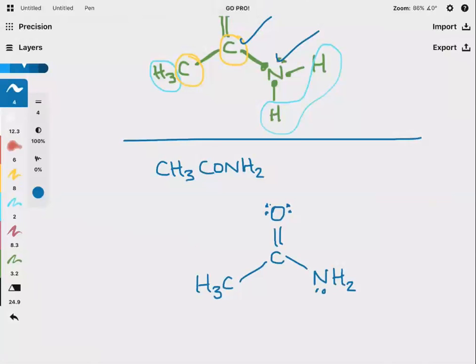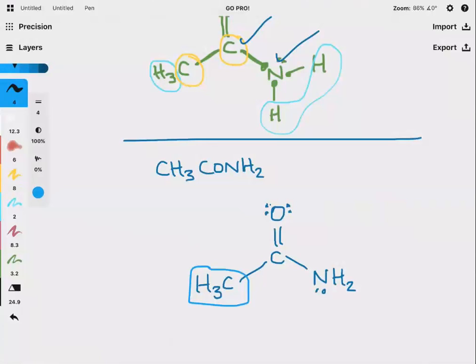So let's go ahead and look at the formal charges on all of our atoms. The methyl group on the right side, that is fine. There's nothing wrong with that. That's just a CH3 sticking off of a carbon. So no need to examine that anymore. What about the central carbon? Well, carbon has a valency of 4. It's a group 4 element.